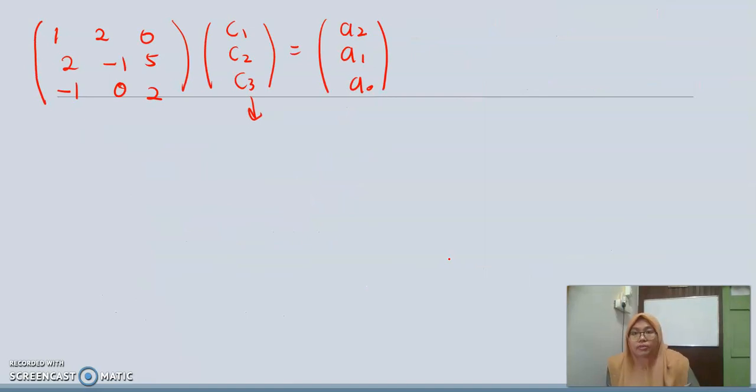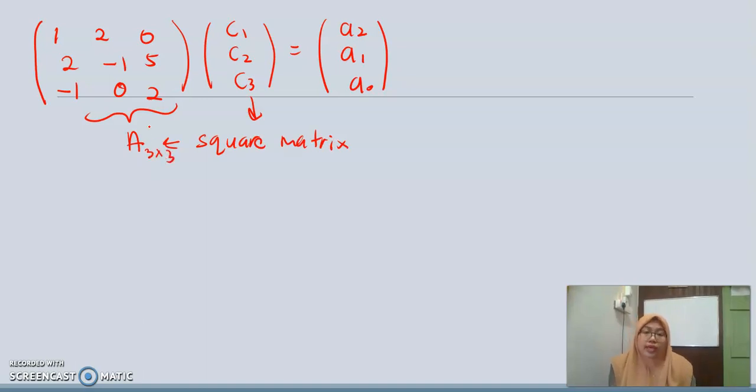Okay. Now, because this coefficient matrix here, let's say this is matrix A, is a matrix of 3 by 3, the size is 3 by 3, so this is a square matrix. So for a square matrix, to know whether the solution exists or not, whether the system is consistent or not, you can test with the value of the determinant.